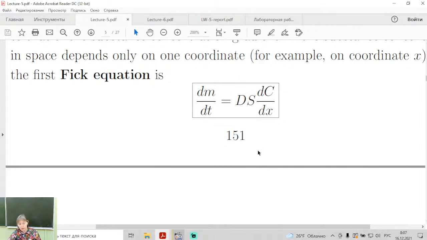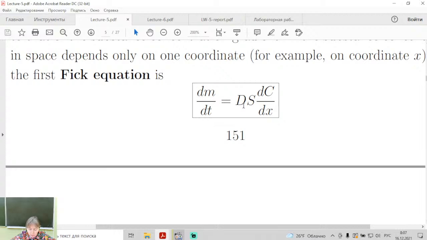Look at this equation, where dm divided by dt is the rate of diffusion, the mass of the substance transferred in a unit of time through the area S. dc divided by dx is the gradient of concentration, x is the distance between points in which concentrations are observed.